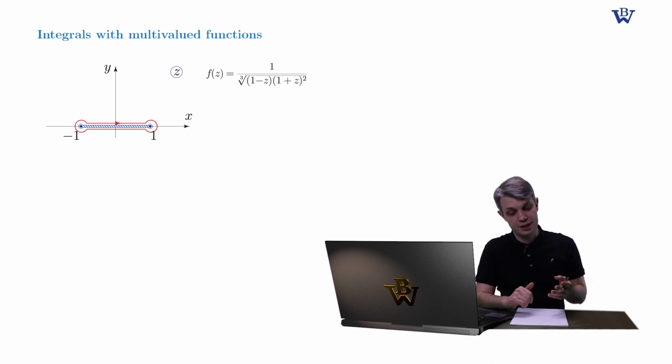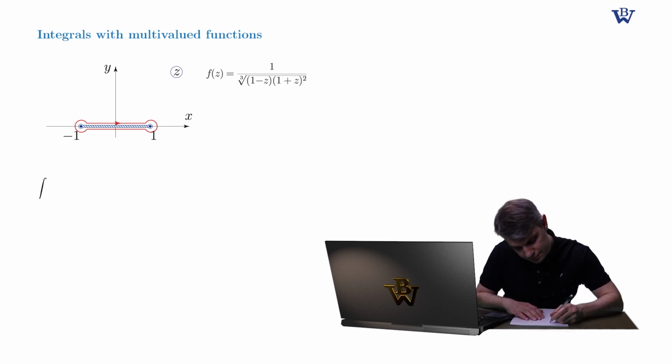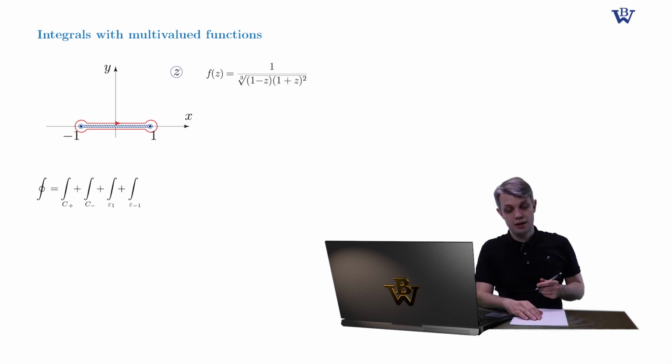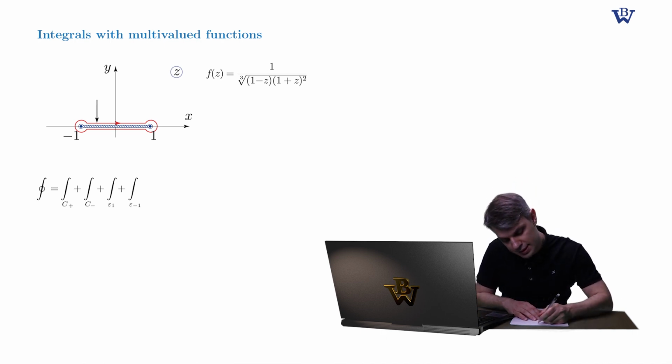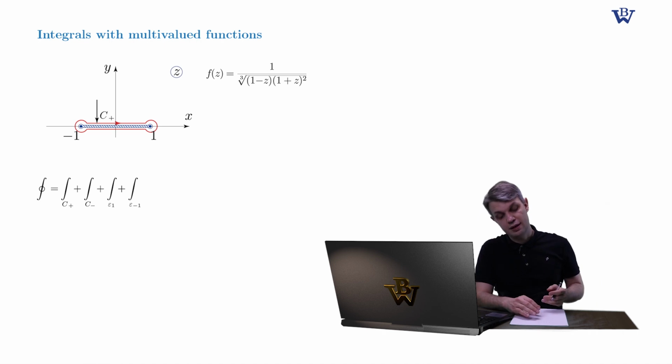Let's take a closer look at our closed contour. It consists of 4 parts. The first part, let's call it C+, is the linear integral running along the upper bank of a branch cut. It's nothing but our initial integral.